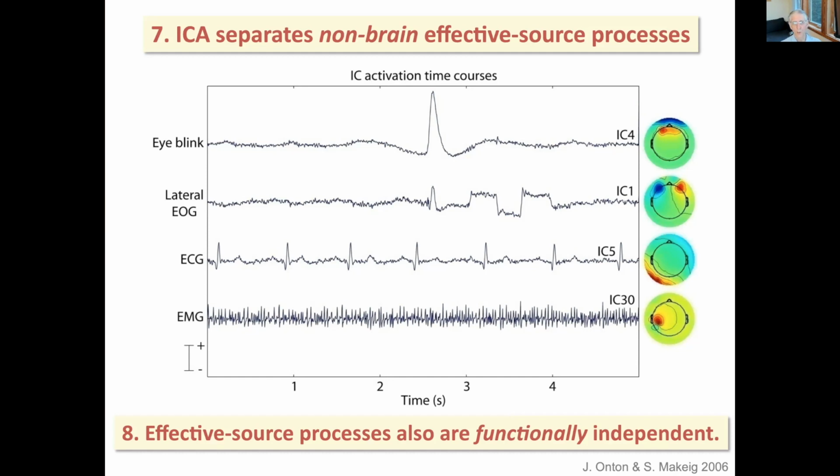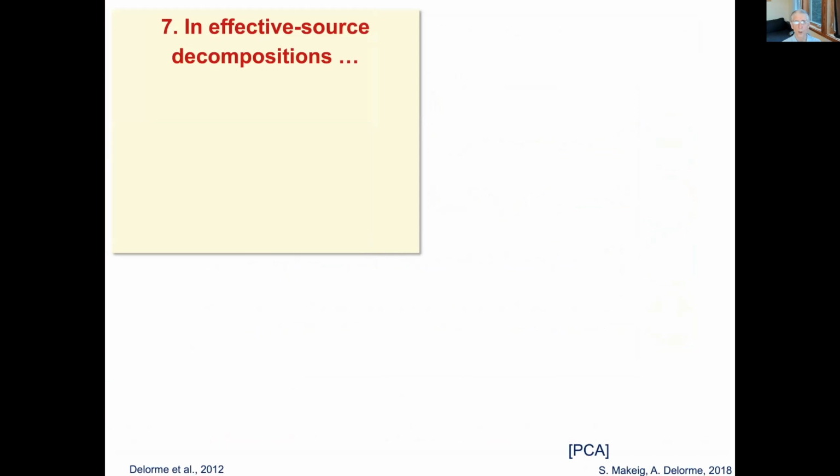So temporally independent effective source processes, both non-brain and brain, also tend to arise to do their own thing, that means to have their own function also. The independent source processes are functionally independent, and that's what makes them so powerful for cognitive neuroscience, as well as their localizability being useful for neuroimaging.